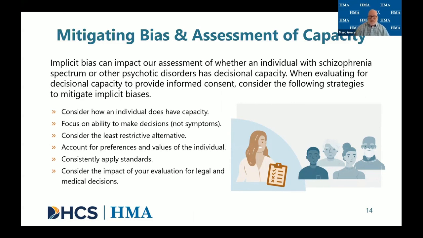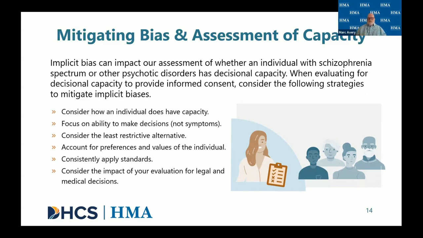Even where capacity is altered, consider the least restrictive alternative for addressing that situation. And even where capacity is uncertain, you still could obtain the person's preferences or values in regard to their health care.